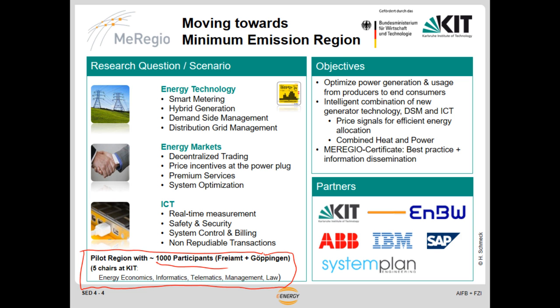And what we also designed here was a certificate which was supposed to indicate best practice in some region, like a certificate that you have on an appliance having A, B, C levels of energy efficiency. The idea was to develop a certificate which could indicate the degree to which a certain region has very intelligent energy management.